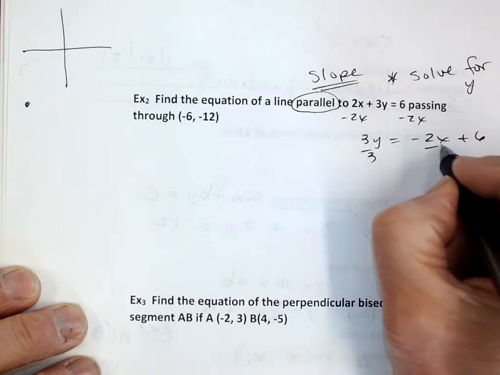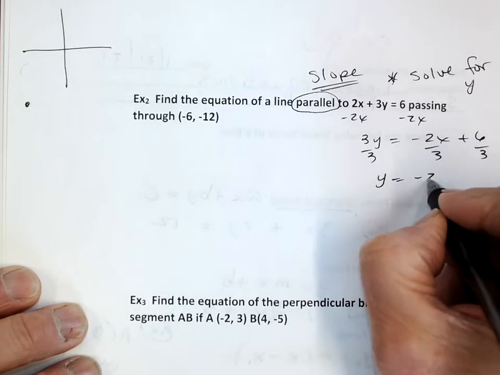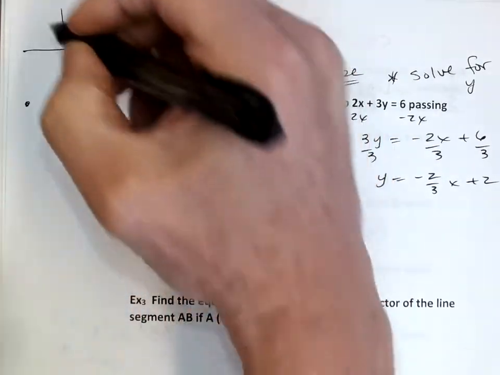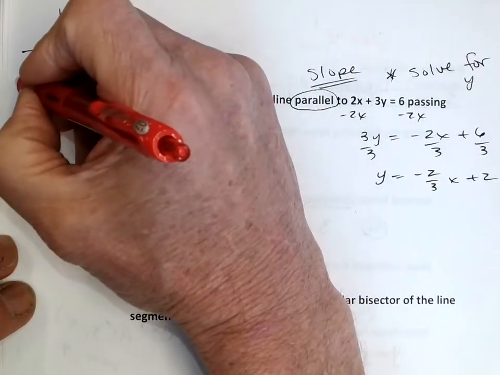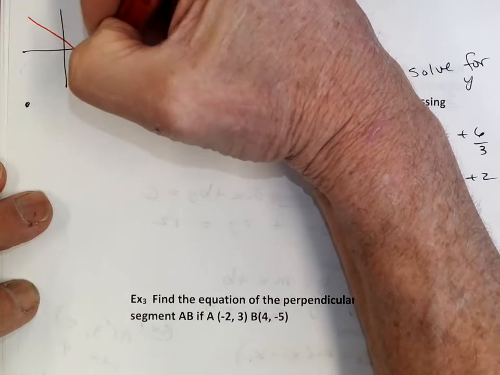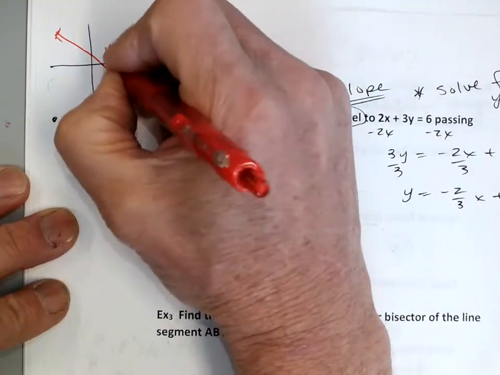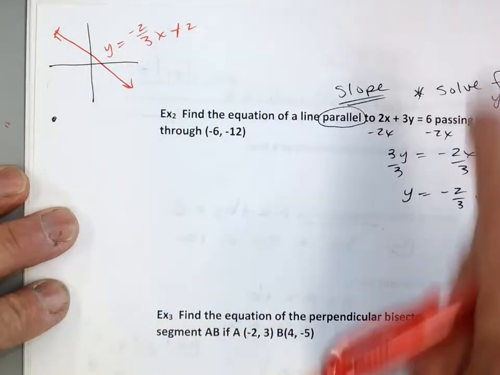Divide by 3. y equals negative 2/3 x plus 2. Okay? So the line I have looks like this. That's my y equals negative 2/3 x plus 2. That's that line right here.